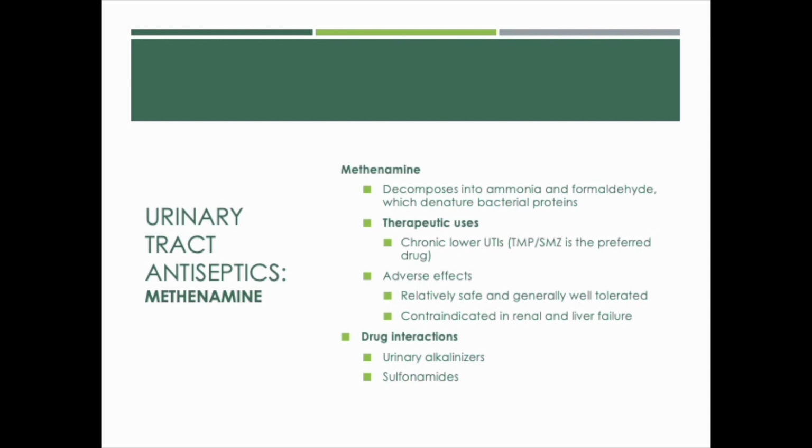Sulfonamides also shouldn't be taken in combination with methenamine because the formaldehyde forms an insoluble complex with sulfonamides. And so therefore it poses a risk for urinary tract injury from the crystalluria. I don't treat patients with diabetes that are on sulfa-derived drugs with methenamine because it's also a sulfonamide.